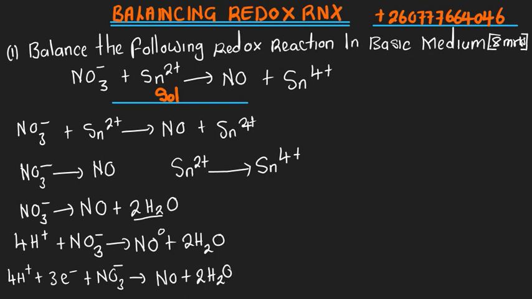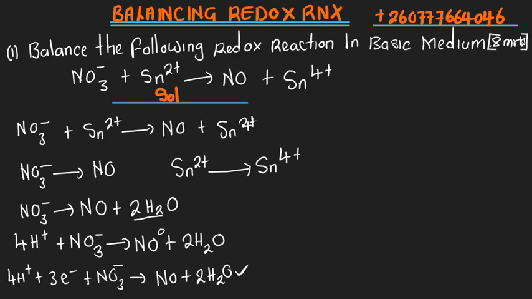Notice that this equation is now balanced because 4 minus 3, it's going to give us 1, minus 1, it will give us 0. So this equation is now balanced.